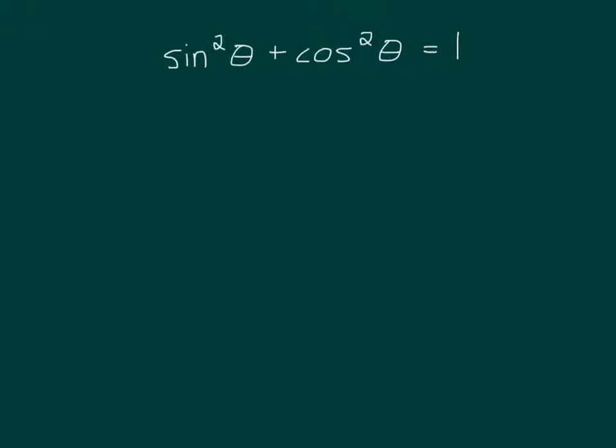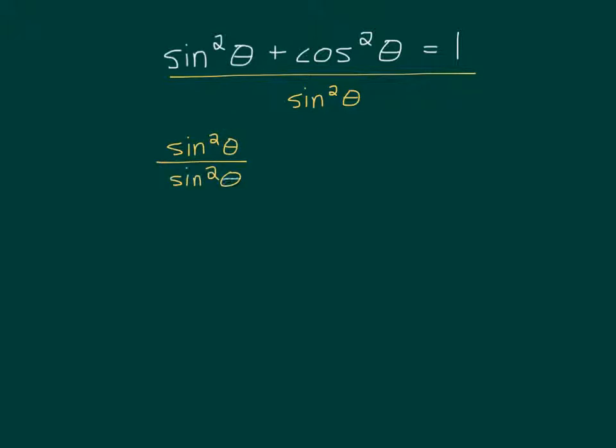If I take the identity we just had, divide everything by sine squared, for example, if you divide that entire thing by sine squared, that's the same as dividing each part individually by sine squared. Like this.